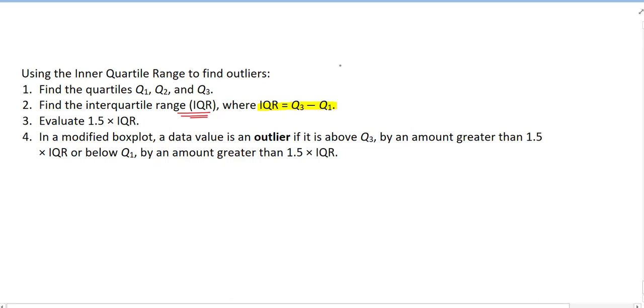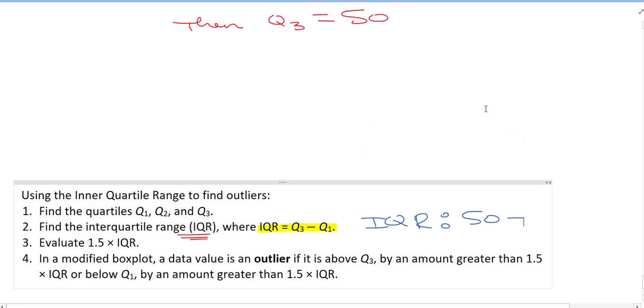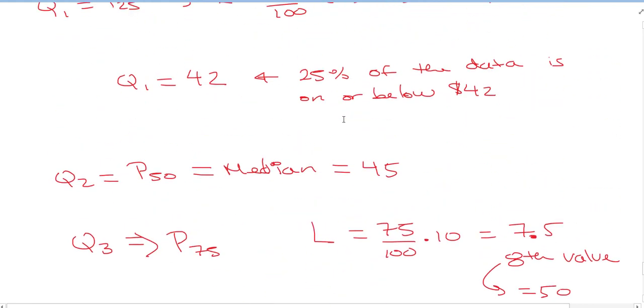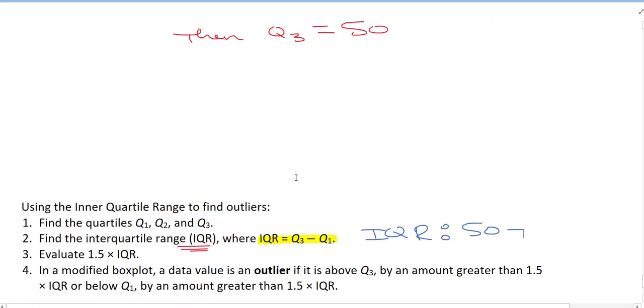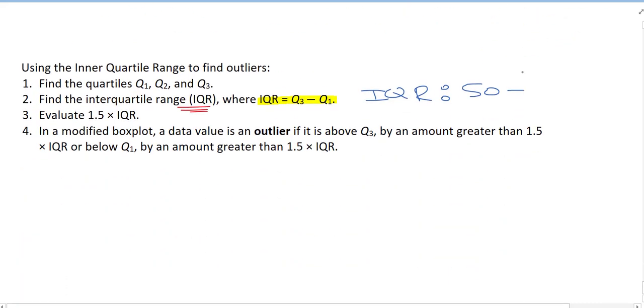So in our case, the inner quartile range for our data is going to be 50, which was our Q3, minus Q1. What was Q1? Q1 was 42. So that is our inner quartile range. So it's $8.